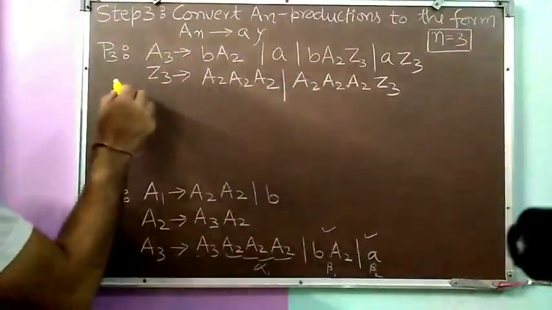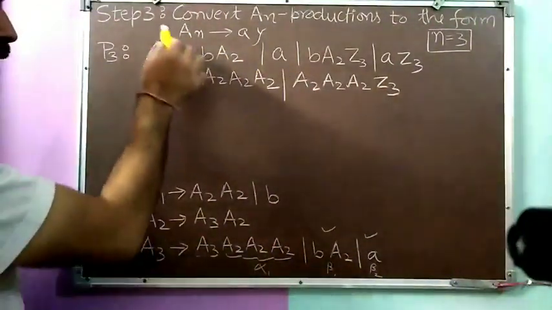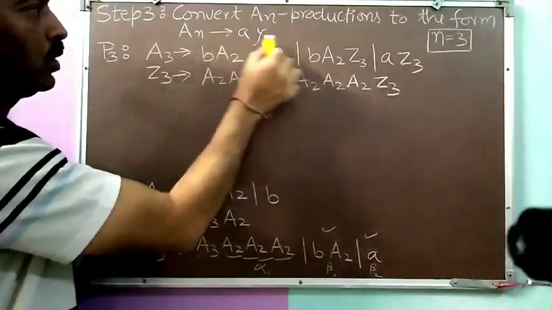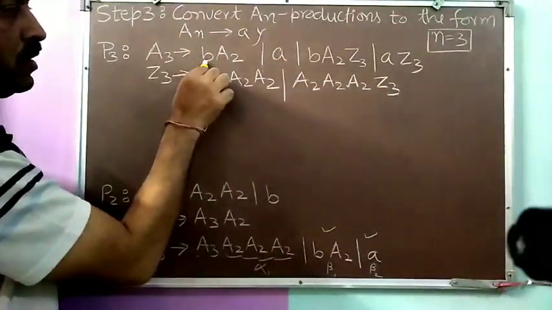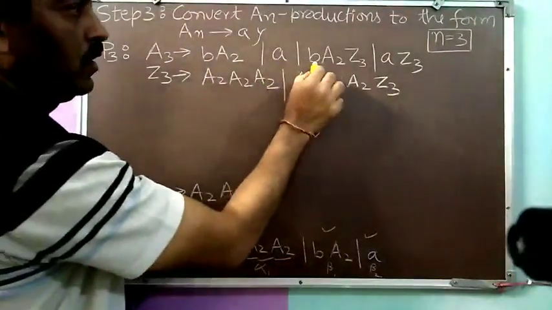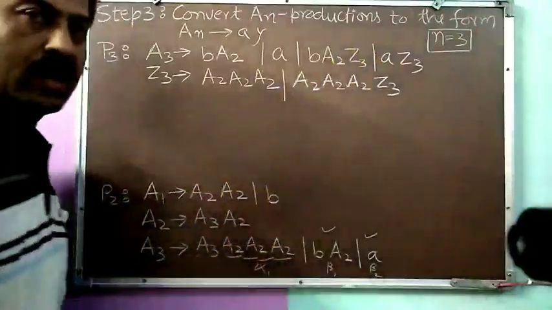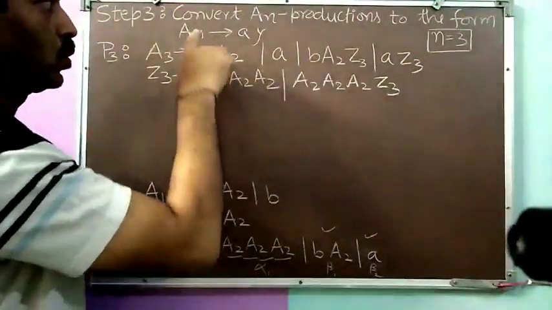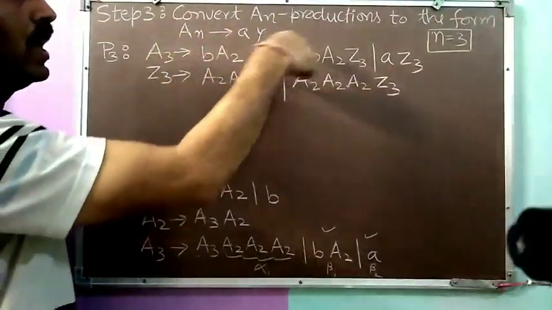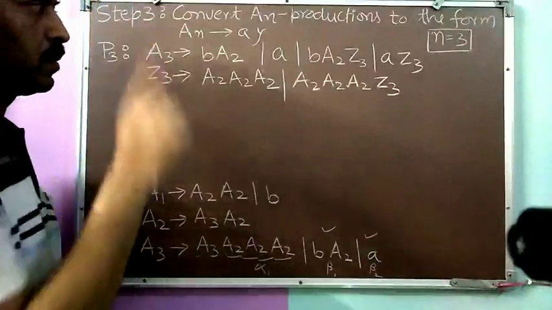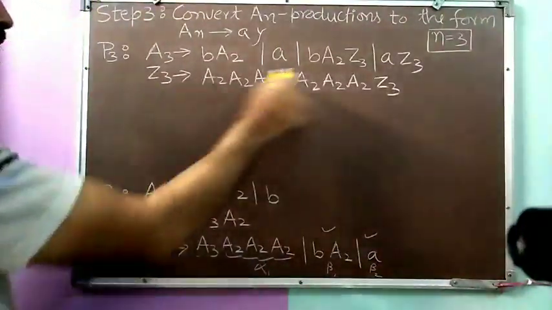So this is the A3 production and this is the Z3 production. Now you can see that the A3 productions are in the form An to A gamma. The first symbol here is a terminal, in each of the productions. So we have successfully converted our An productions to the form An to A gamma. After that there is a sequence of variables, but at the first place there is a terminal. And Z3 is there.